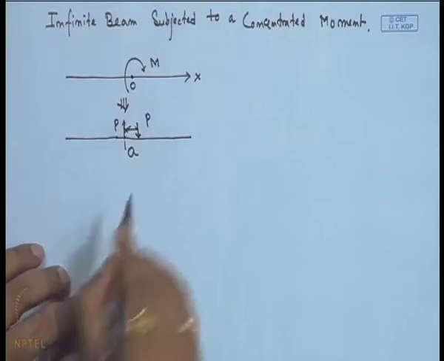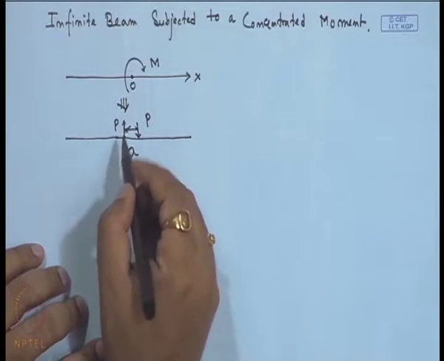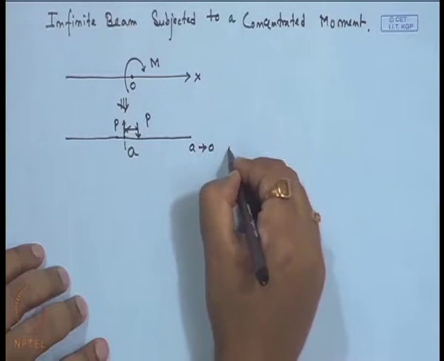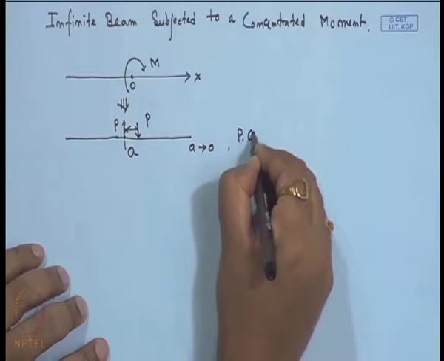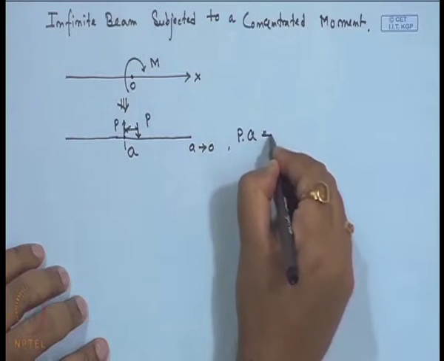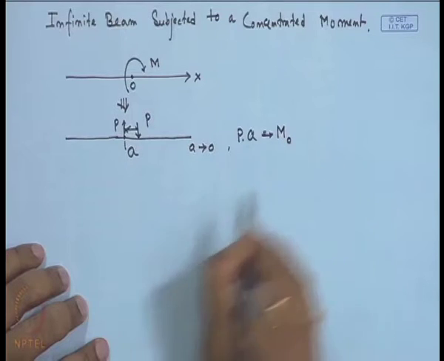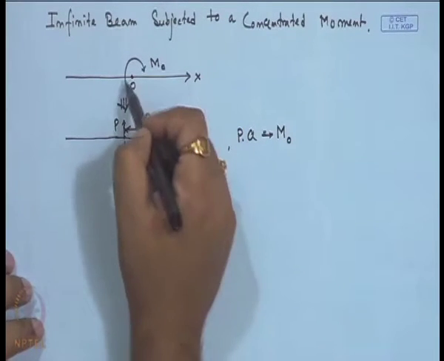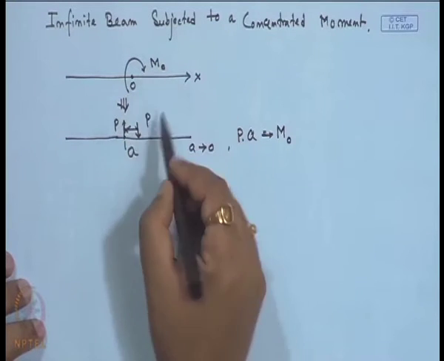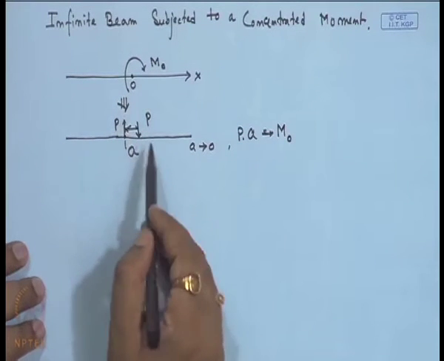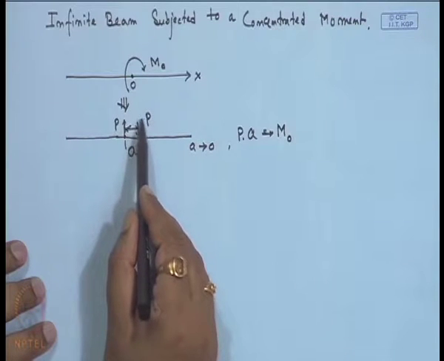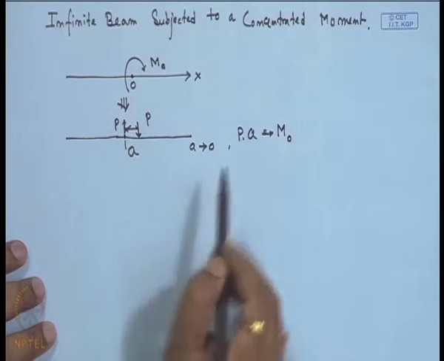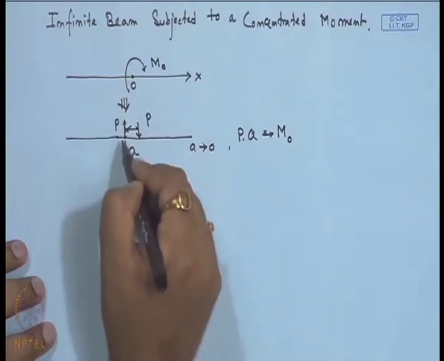If a tends to 0, then P into a will be equal to M0, which is applied here. So, this concentrated moment can be equivalently converted to a concentrated load P acting at a distance a from the center.